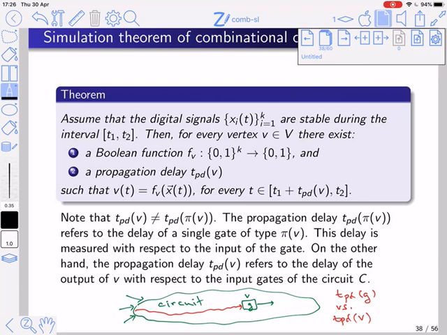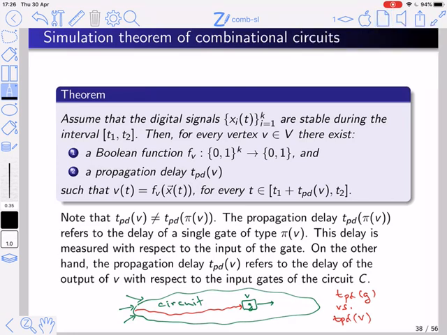xk. Our goal is to prove the simulation theorem, which says the following. If I have a circuit C with k inputs, and these inputs are stable during the interval t1 to t2, then for every vertex v in the directed graph that corresponds to the netlist of the circuit, I can attach a Boolean function f of v and a propagation delay tpd of v.